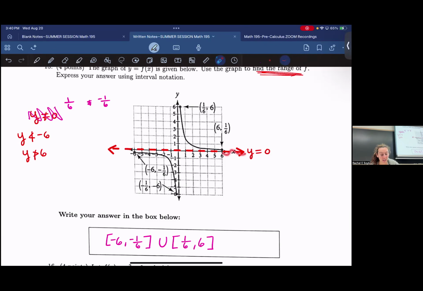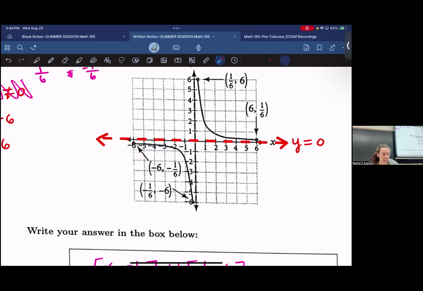We weren't going to include the 0 regardless. That's our horizontal asymptote, but the biggest thing is there's no arrows anywhere on these functions. So it's not even just the lowest. We want to look at what the lowest possible value is, which is at y is equal to 1/6 for this part of the function, and then y is equal to -1/6 at this part.